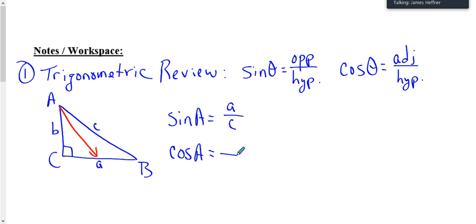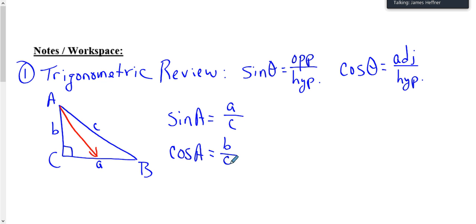From the diagram. It's adjacent. What's adjacent to angle A? In other words, the side next to it, but not the hypotenuse. B over the hypotenuse, which is c.